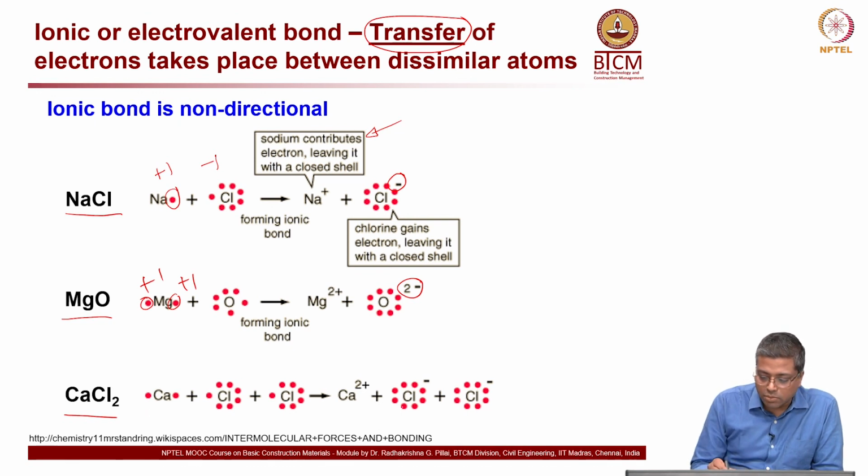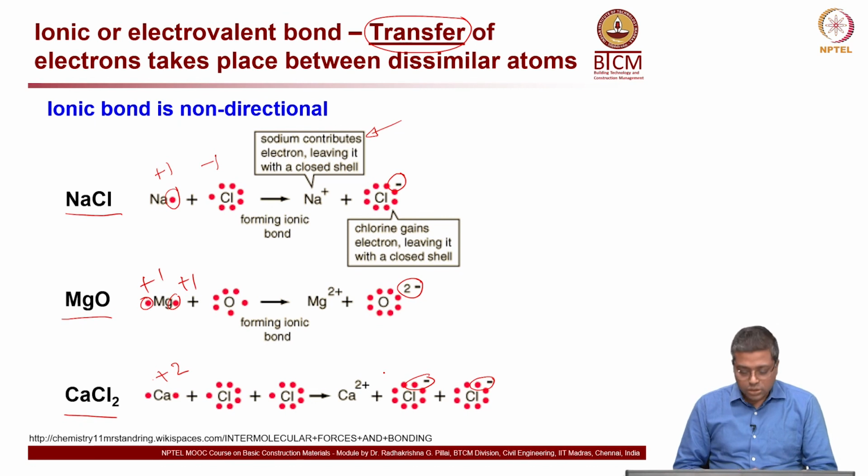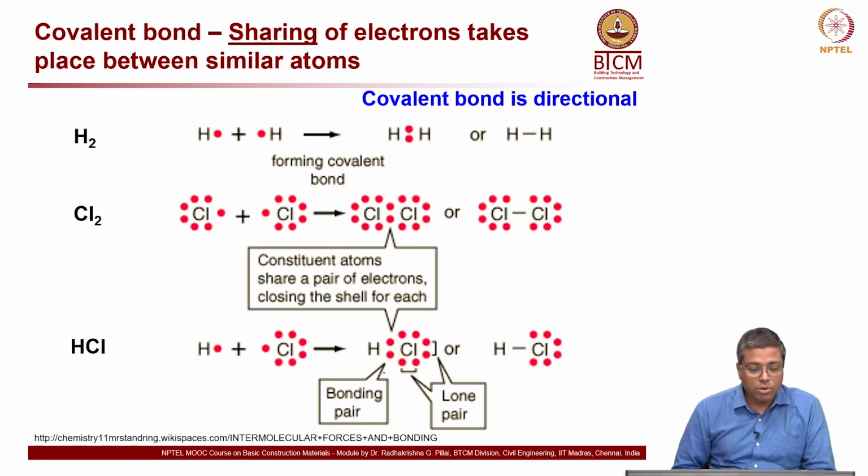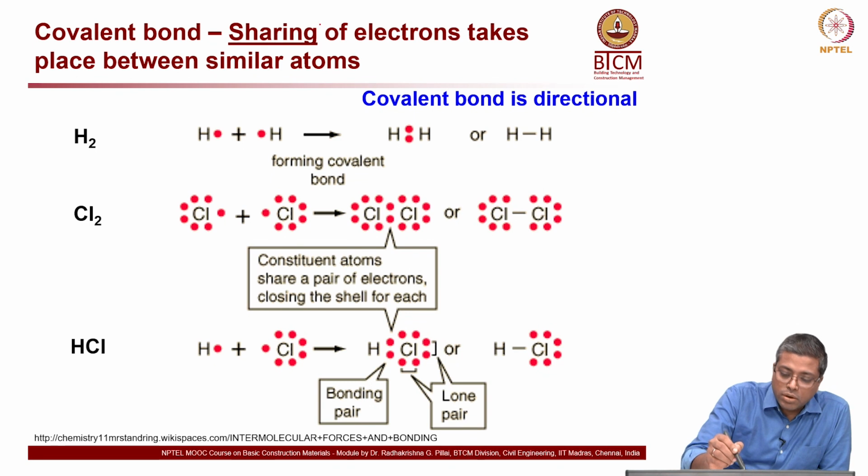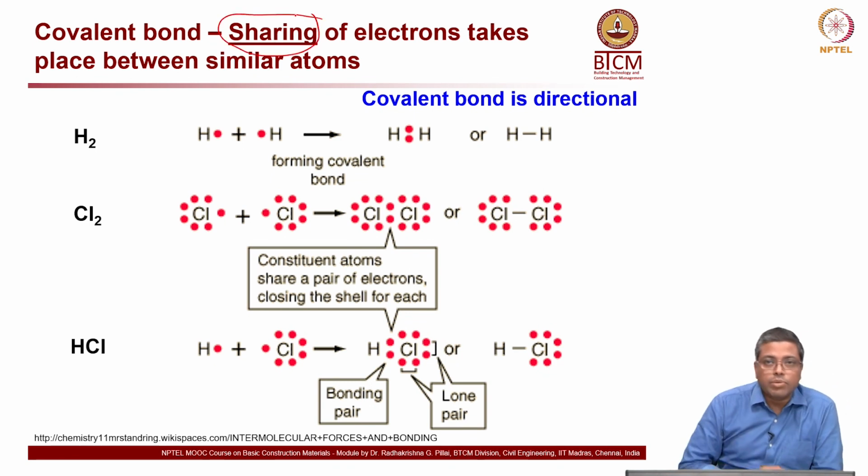In case of calcium chloride also same thing happens, this is +2 and both are taken by the chloride, 1 and 1, like you can see here 1 and then here 1. Okay. So, just an example to show how the transfer of electrons happens, and these kind of bonds are called ionic bonds.